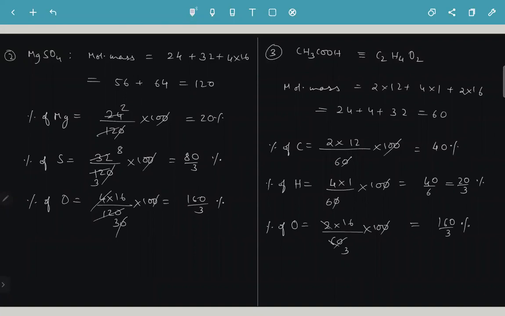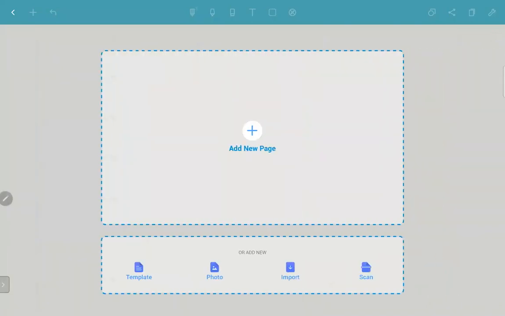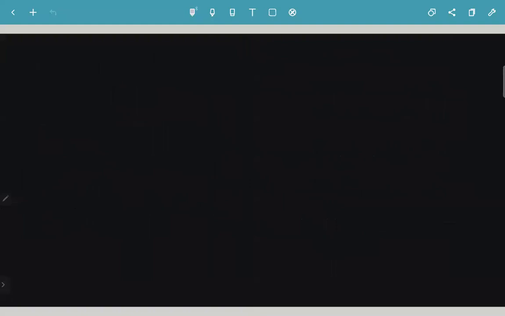This is how we calculate the percentage composition of different compounds. Did you understand? Wait a second.